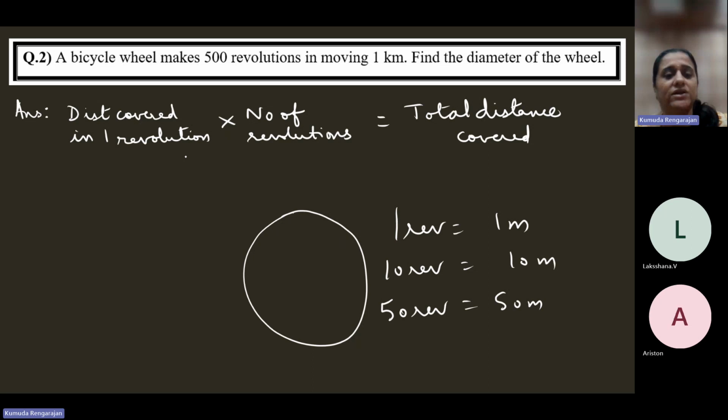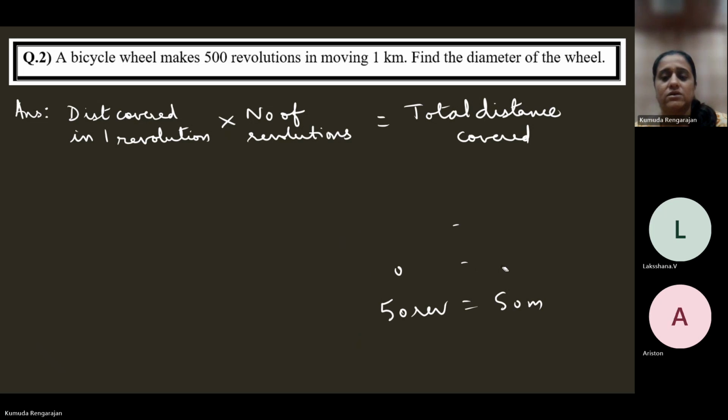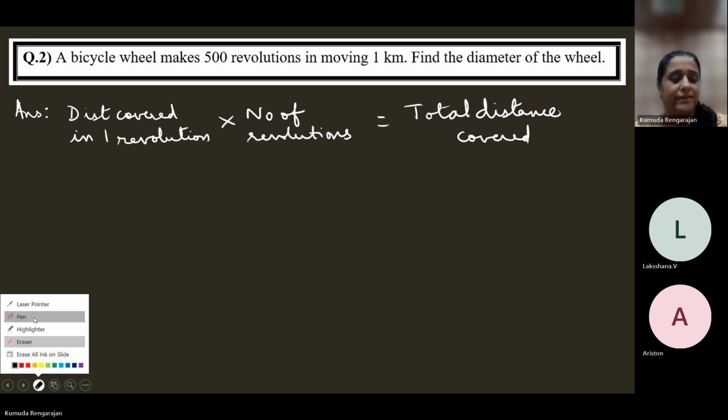So the distance covered in one revolution into the number of revolutions will be the total distance covered. It's a very simple equation.